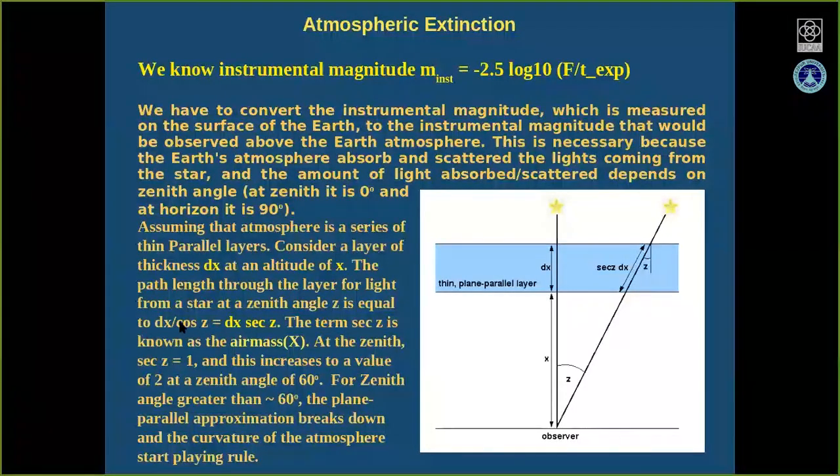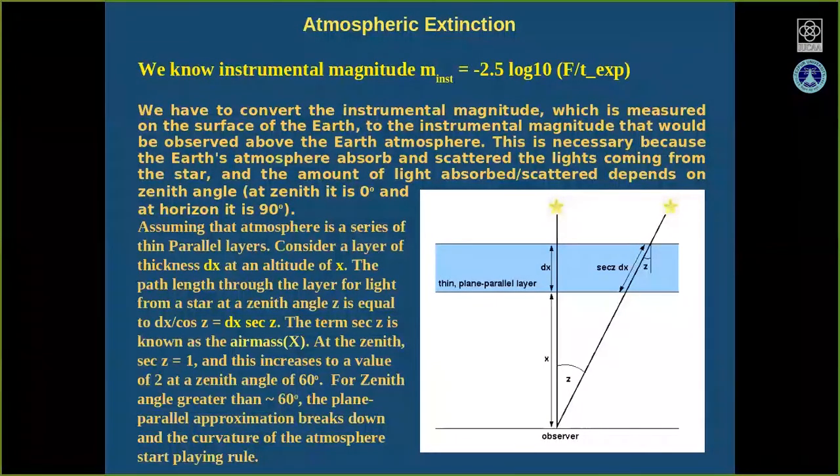Initially we are using sec z as the air mass. Now you cannot use sec z as the air mass, because sec z is valid only for a series of plane parallel layers. But now your layers' curvature is added if you increase your zenith angle more than 60 degrees. So during observation, never observe your object beyond 60 degrees zenith angle.